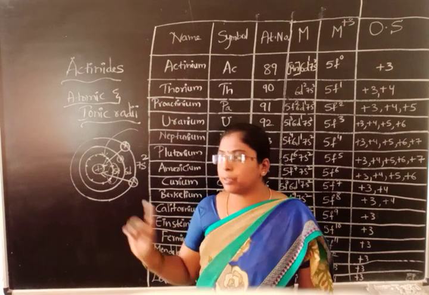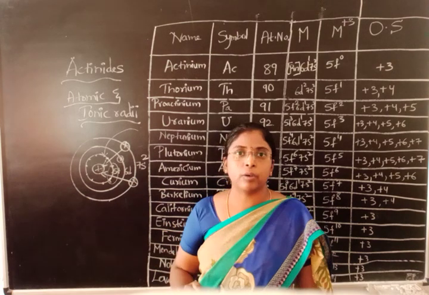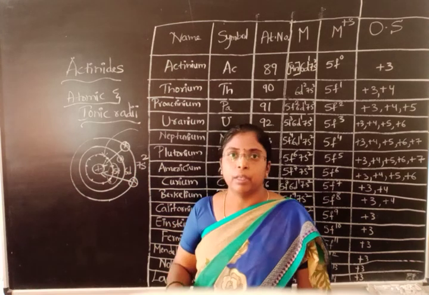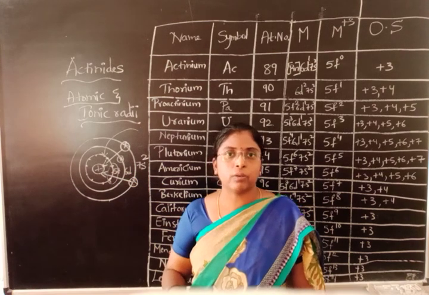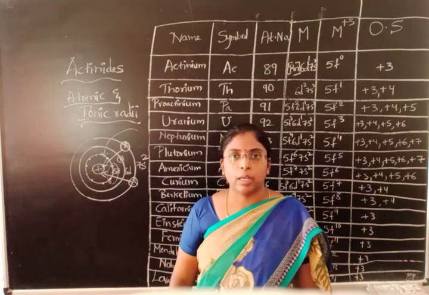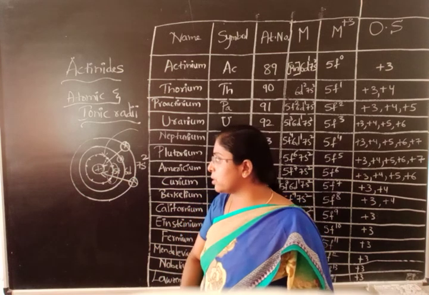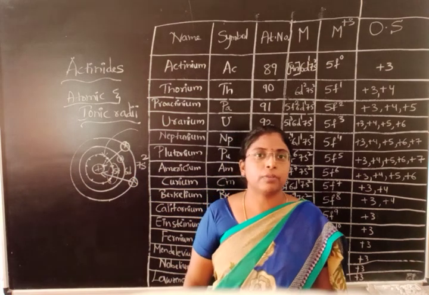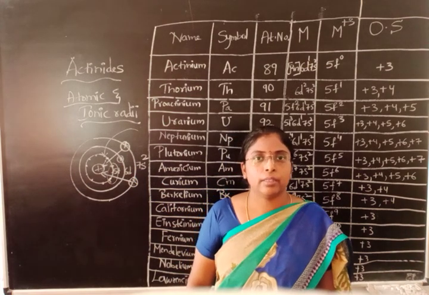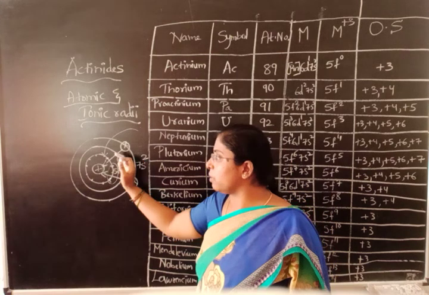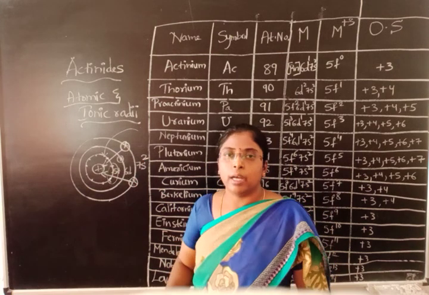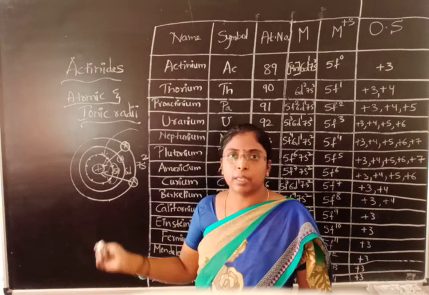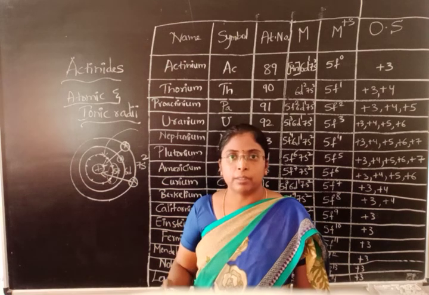When you compare with the lanthanide series, there were 4f electrons. Here in the actinides it is 5f. When you compare 5f electrons and 4f electrons, 5f electrons have a much poorer shielding effect than the 4f electrons. Hence, there is a greater extent of decrease in the atomic and ionic radius with increase in atomic number in the case of actinoid elements.